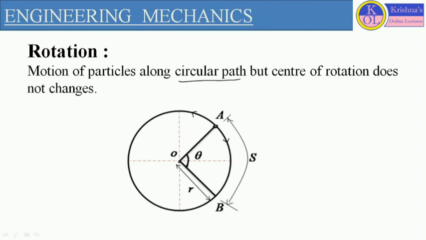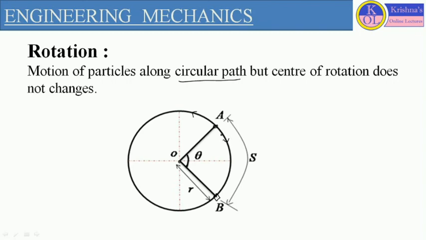The particle will start from point A and its center of rotation will be the center of the circle, O. When the particle starts, it will move in a particular direction up to one other position. For example, let us consider position B is the final position of the particle.